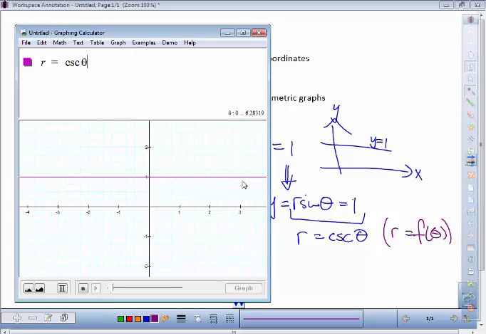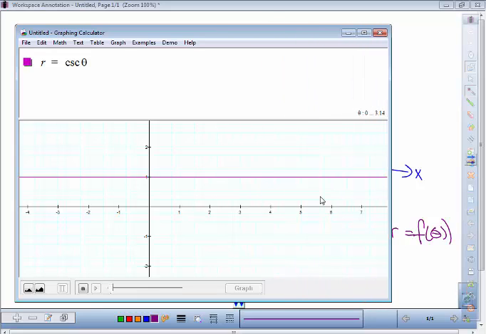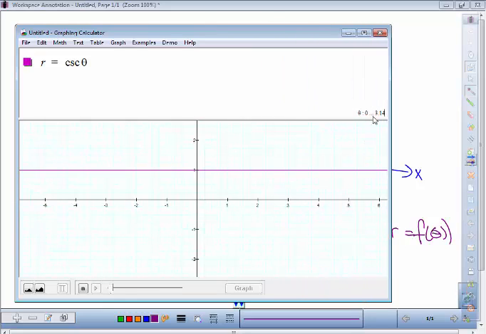This seems to go on for a long time, going from 0 to 2 pi. Let's see what happens if we go from 0 to pi. That looks like it still goes on forever, huh? Let's see what happens. What's half of pi? 1.5-ish?